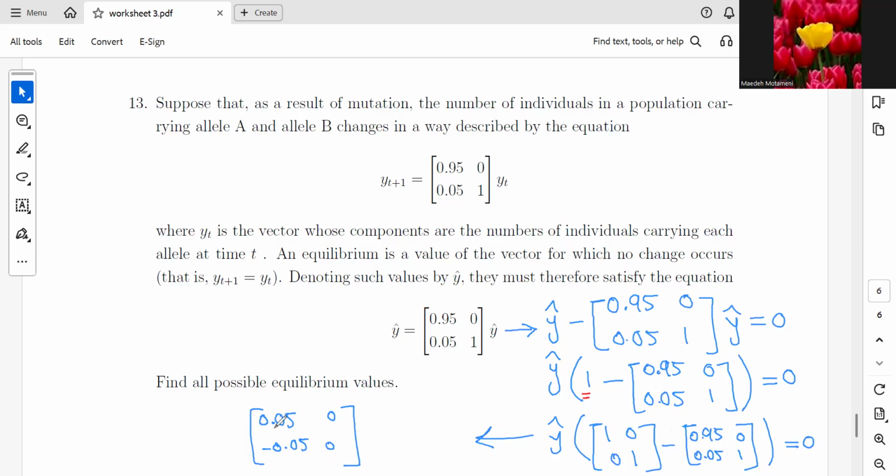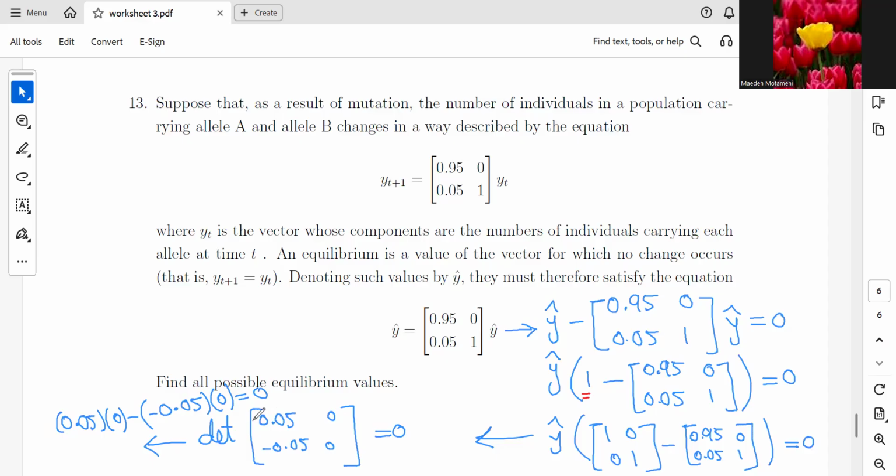So this one can be 0, but the determinant of this should be 0 because we cannot change the numbers. How can this determinant be 0? If you find the determinant, you would see that it will be 0.05 times 0 minus 0.05 times 0. So it will be 0 plus 0, which is 0.